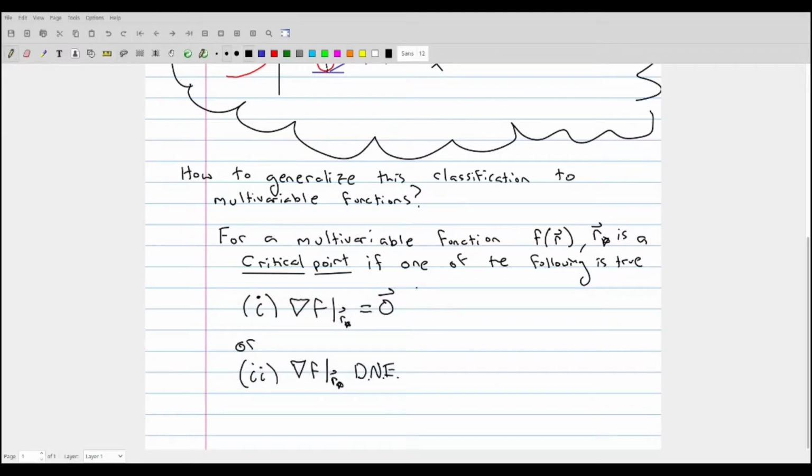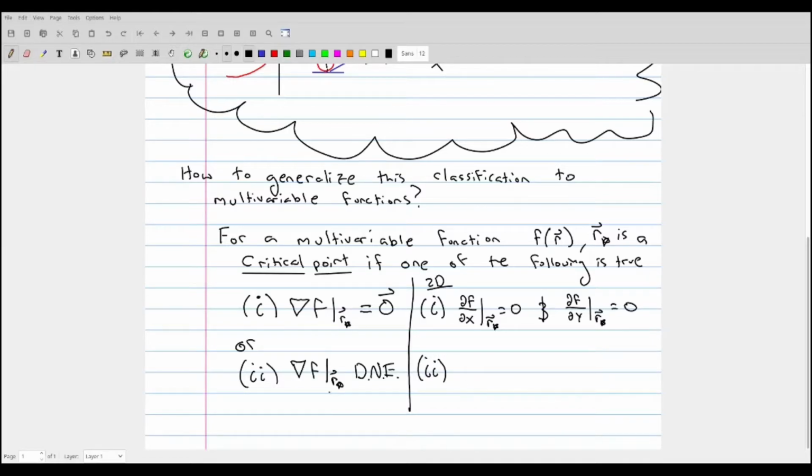Now for 2 dimensions, or for a function of 2 variables, this becomes straightforward in terms of the partial derivatives. What this means is that for a critical point of a 2 variable function, if the gradient is equal to the zero vector, then both partial derivatives have to be equal to 0. So the x partial derivative at r star has to be 0, and the y partial derivative of f at r star has to be equal to 0.